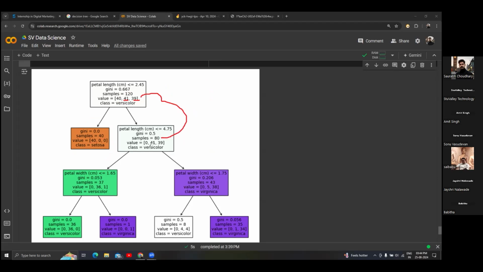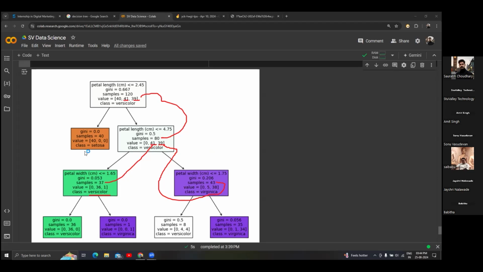Among 80, 41 gone for versicolor, you can see the class name, and 39 gone for the virginica here. See, this is how it divides.